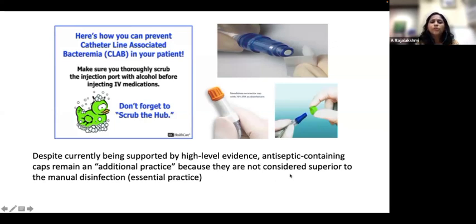But if your hub technique is not good, compliance is poor, you have given multiple training, you can consider the antiseptic impregnated hub. It comes filled, lined with alcohol and chlorhexidine, and it is available as a strip. So each time you open, it is a new one, and you can use this.